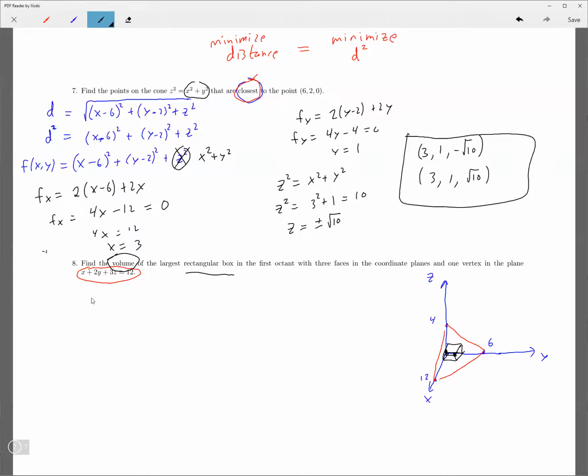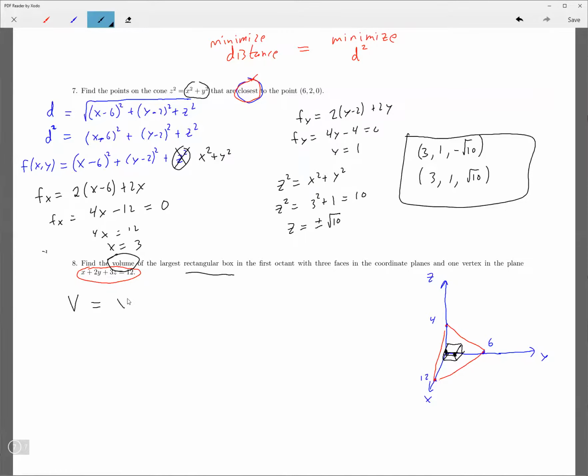Okay, so what is the volume of the box going to be in this kind of box? It's just going to be, oh, I don't know, x cubed or something like that. No. I don't remember. It might be kind of tricky, but it's actually not that. It's actually quite simple.